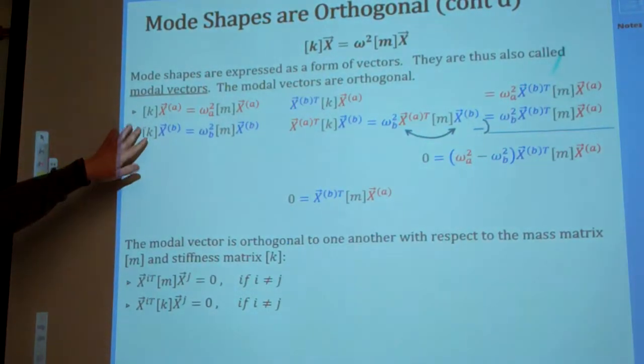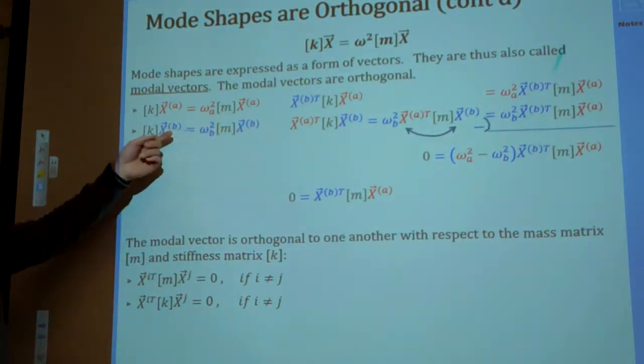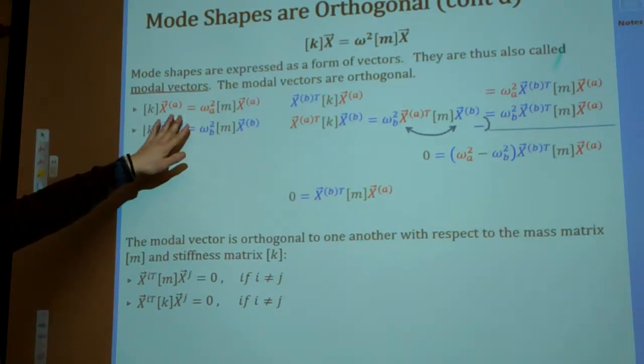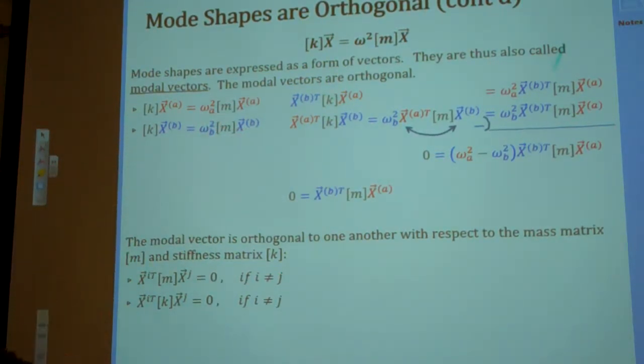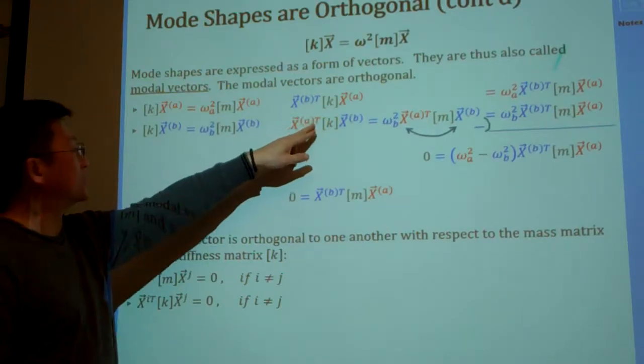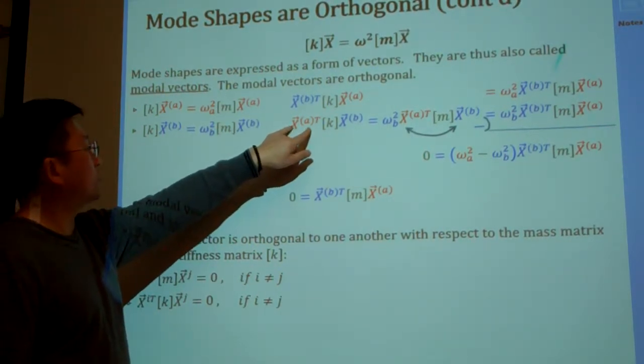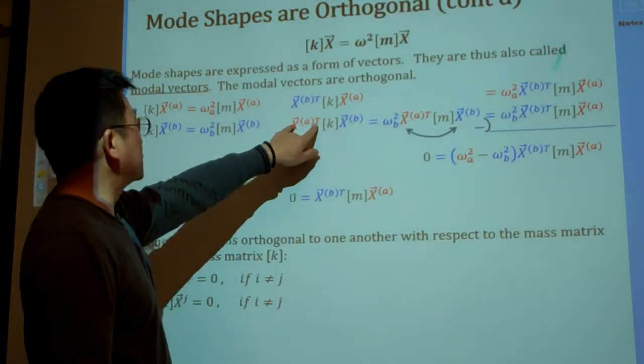Okay, in a similar way, in the second equation here, I pre-multiply the second equation with another vector. For example, this is a vector. I pre-multiply this vector on both sides.